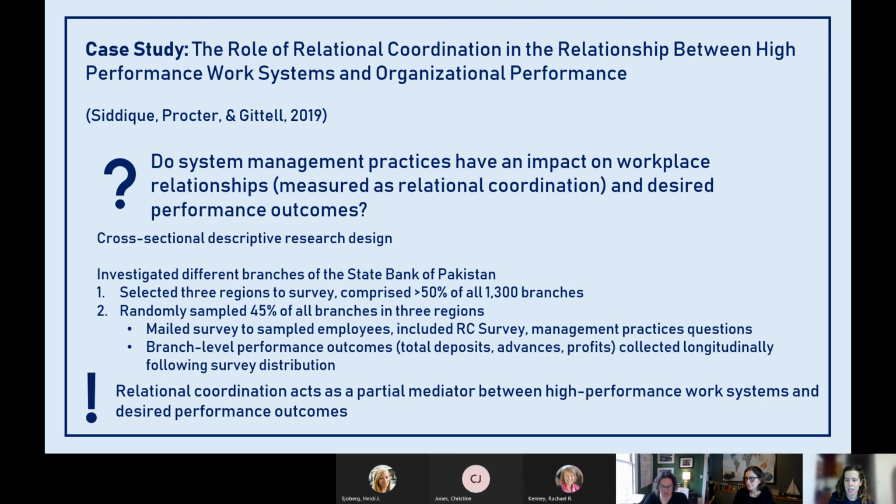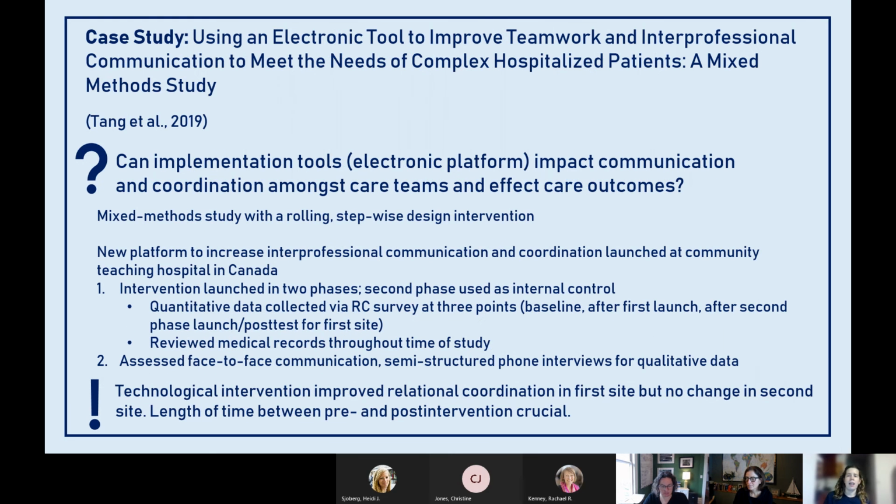Let's see. A second: this one is an example of a rolling intervention. This was the one that I mentioned that used internal controls. In this case, the internal controls were those that were waiting to receive the intervention. So there was the intervention group and then those that were waiting.